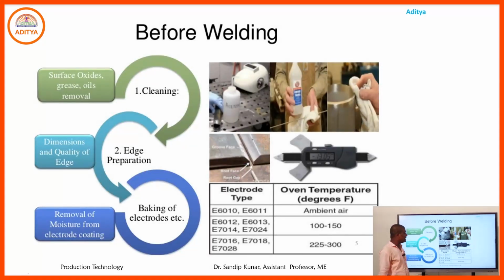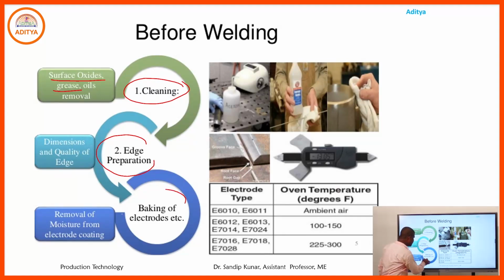Before welding we perform some operations. What are the operations? We remove the surface oxide, grease, and other impurities before welding, means cleaning is required before welding. Then edge preparation, means the dimension and quality of that particular edge of the plate where we want to perform the welding. In that area we do the edge preparation process.